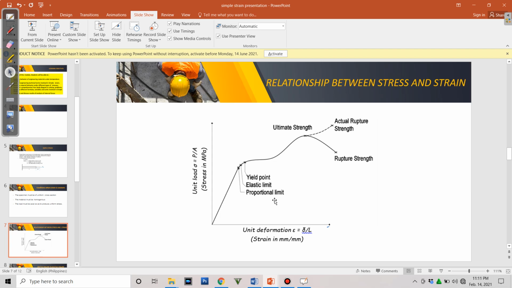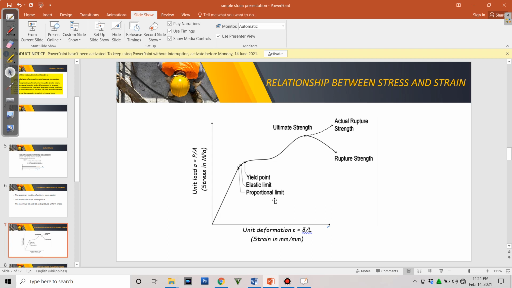First, we have the proportional limit. Up to this amount of stress, stress is proportional to strain, so the stress-strain graph is a straight line.